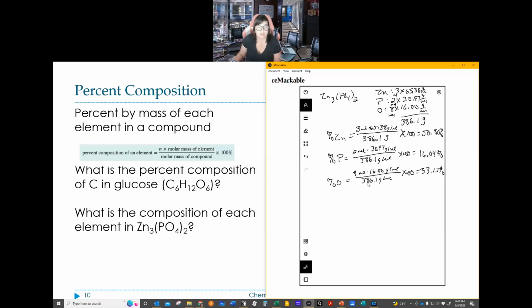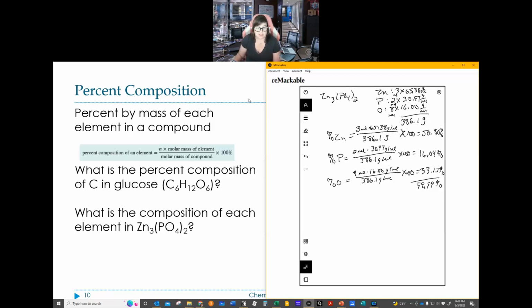Percent oxygen, 8 times 16 divided by 386.1 times 100 is 33.15. And I added them all together, and what I got was 99.99% within statistical rounding errors. That is my correct answer. Okay, awesome.